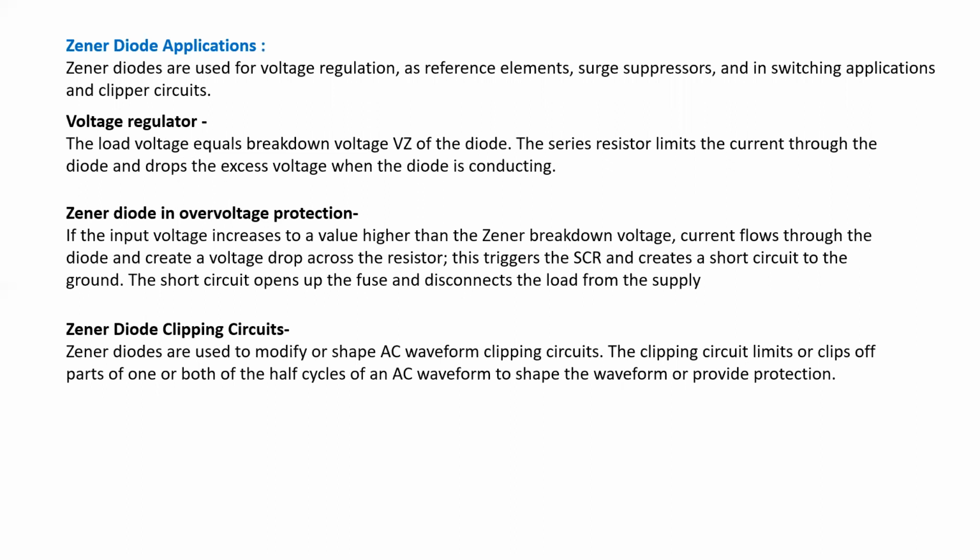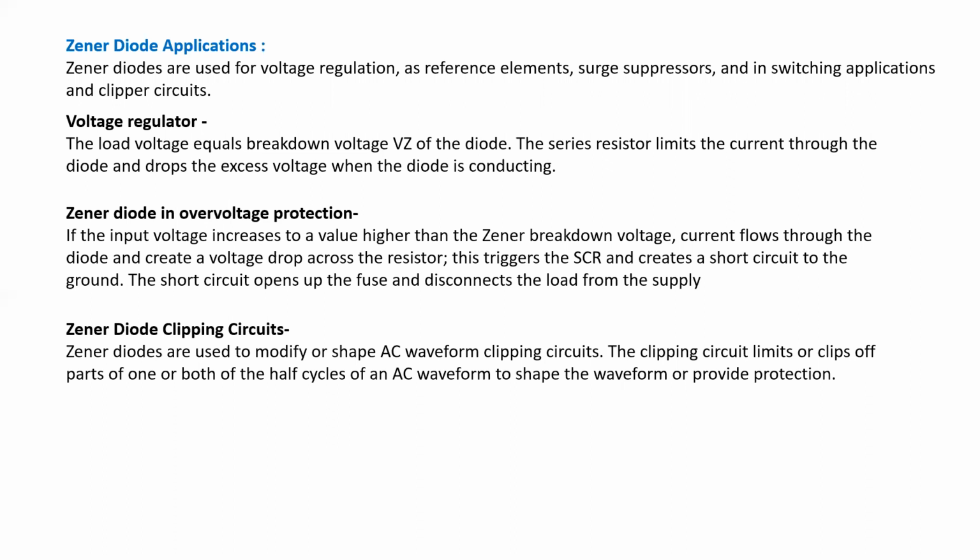Now next, we'll see some applications of the Zener diode. The very first and important application is using the Zener diode as a voltage regulator, which gives a constant output voltage. This is achieved only when the Zener diode is connected in reverse bias. The second application is overvoltage protection, used to protect devices from overcurrent flowing through the components.